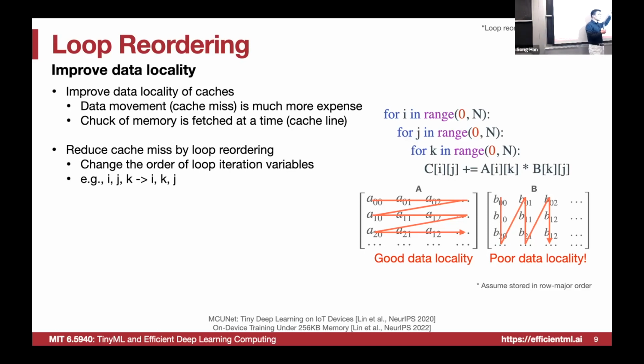And the naive implementation consists of how many loops? 3 loops. Then i, j, k, so C[i][j] += A[i][k] times B[k][j]. If you use that naive implementation, what is the order that we access the memory in matrices A and B?